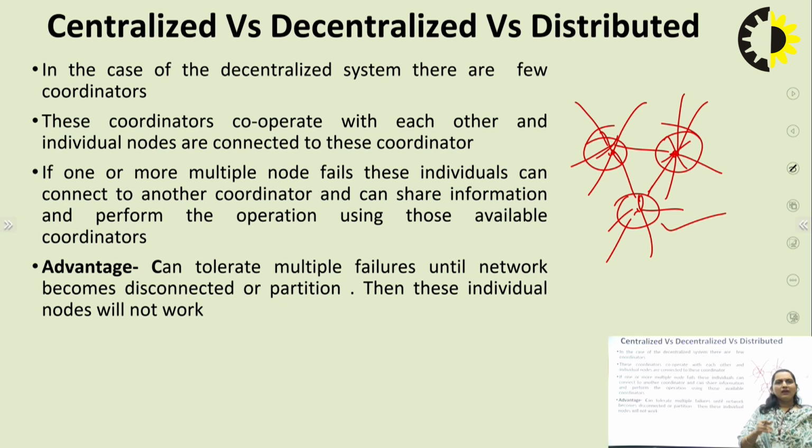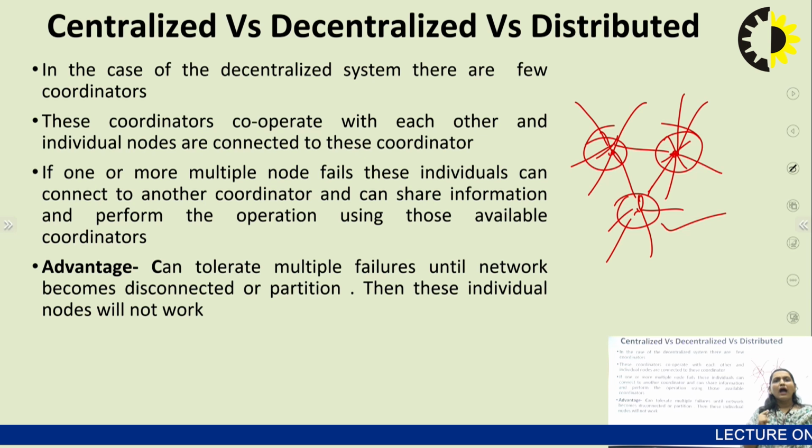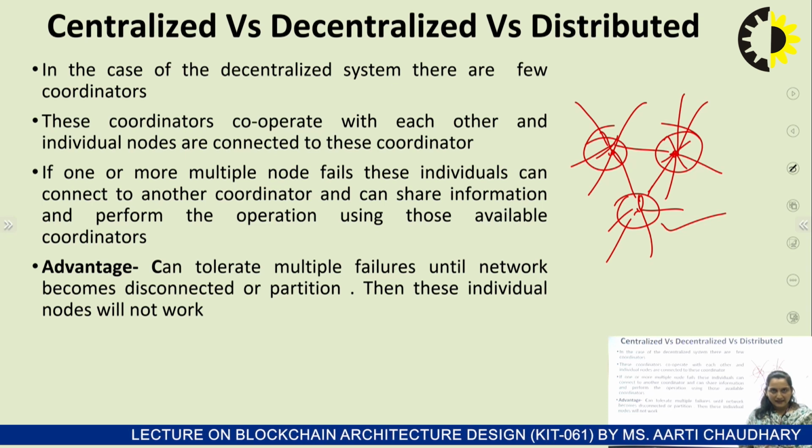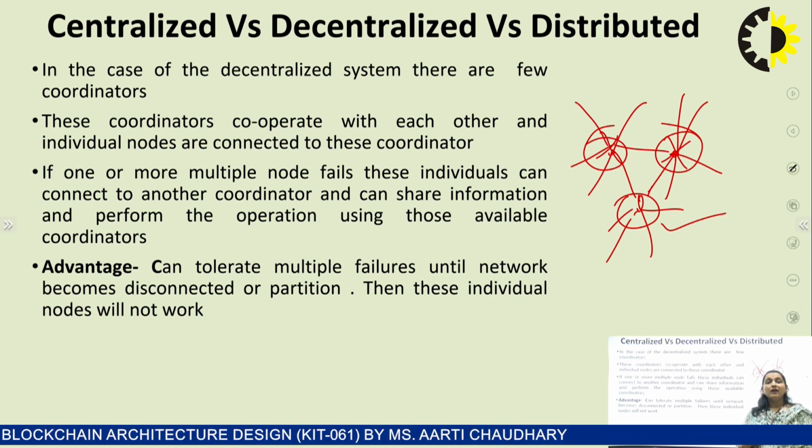The advantage is that it tolerates multiple failures, but the disadvantage is that you have to update all the coordinators continuously. In the centralized one, there is a single coordinator, so you only have to update the single point. But in the decentralized way, you have to make sure that all the coordinators have updated information.